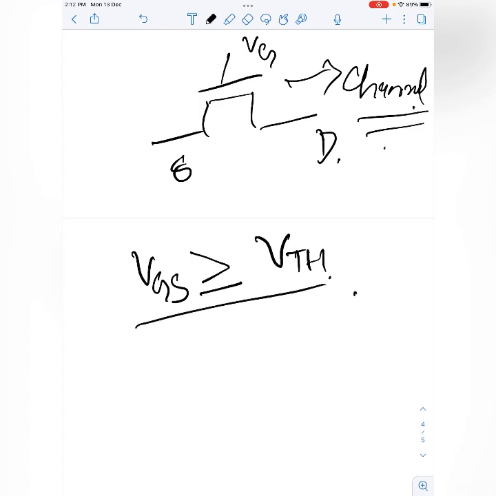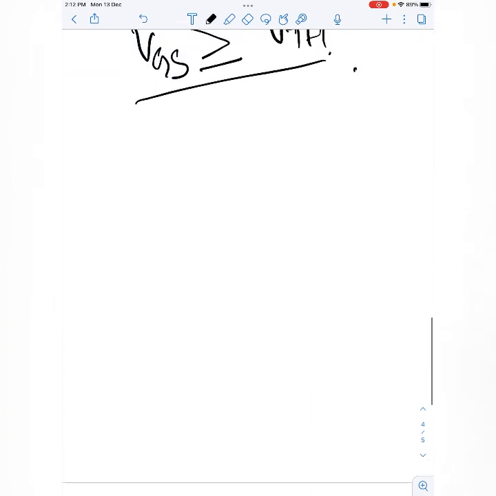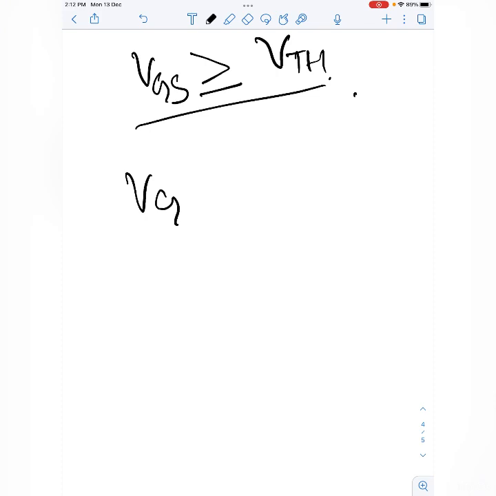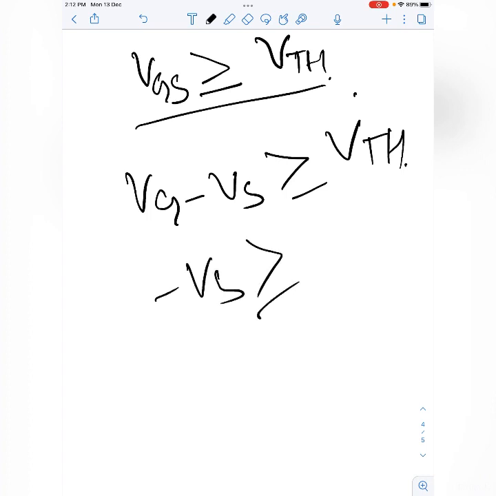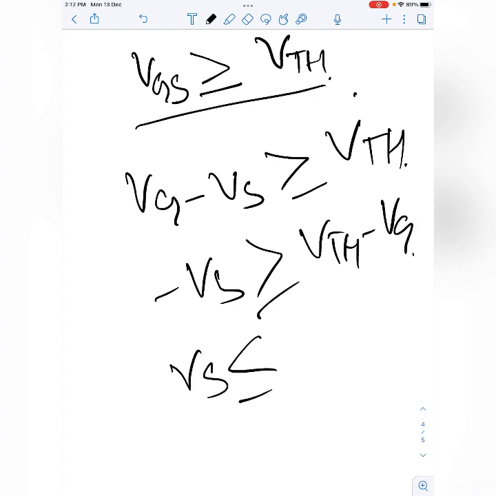Now if you see, VG minus VS must be greater than or equal to VTH. Rearranging, simple basic maths, VS must be less than or equal to VG minus VTH.